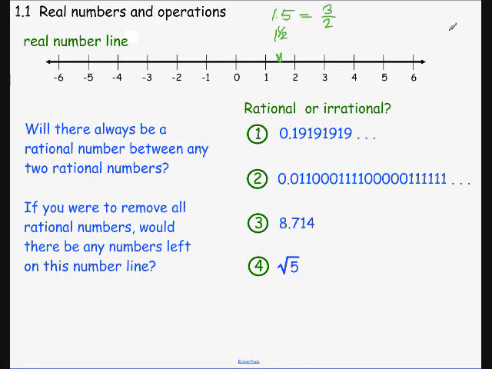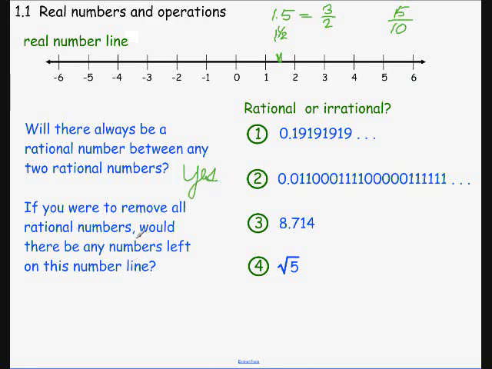If I were to multiply that by 10, I'd have 15 over 10, which would be equivalent to it, right? And we can see right off that that is a rational number. It's the ratio of an integer to an integer. So, answer? Yes.